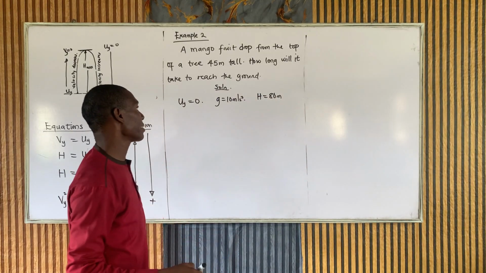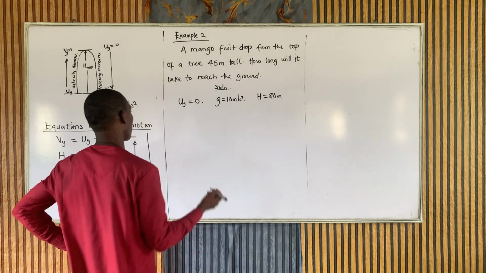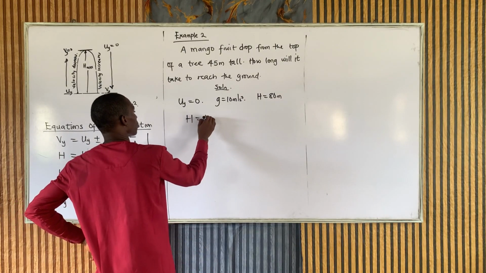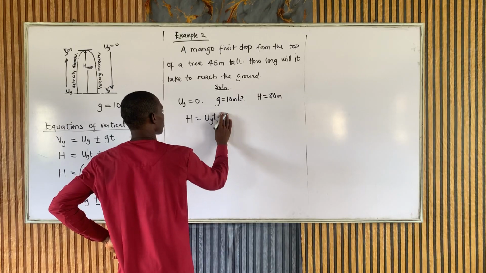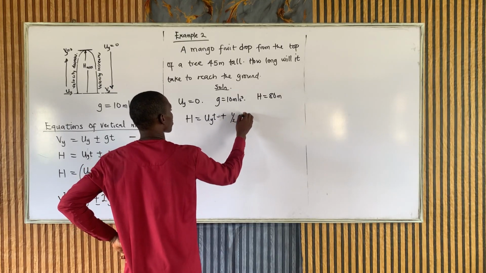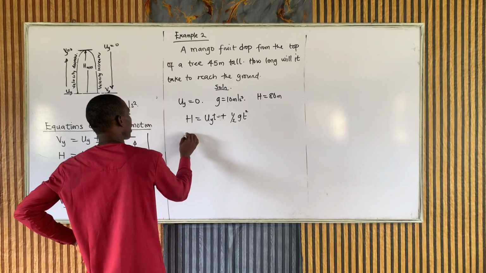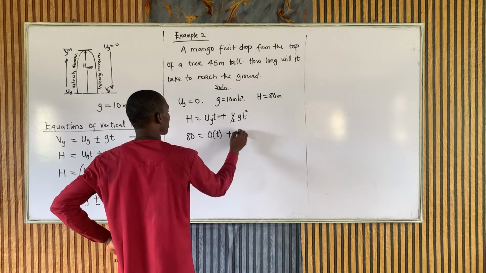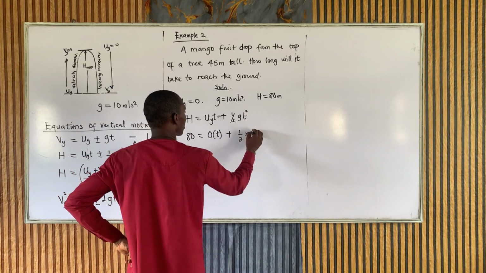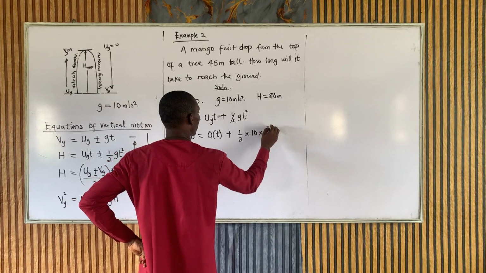So we want to calculate the time it will take to reach the ground. Obviously, this will be h is equal to uy t plus half gt squared. So this will be h, 80, is equal to u, which is 0, times t, plus half times g, 10, times t squared.